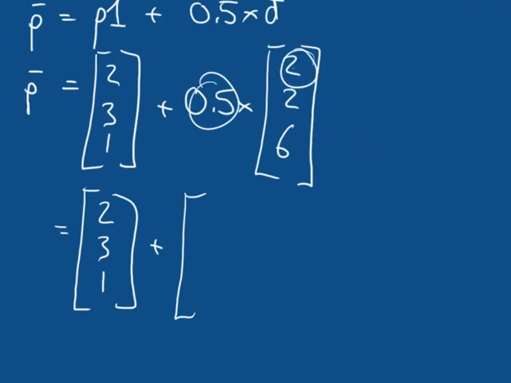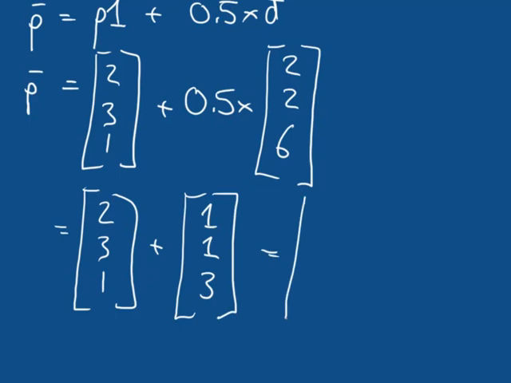0.5 multiplied by 2 is 1. 0.5 multiplied by 6 is 3, which is equal to 2 plus 1 is 3. 3 plus 1 is 4. And 1 plus 3 is 4.